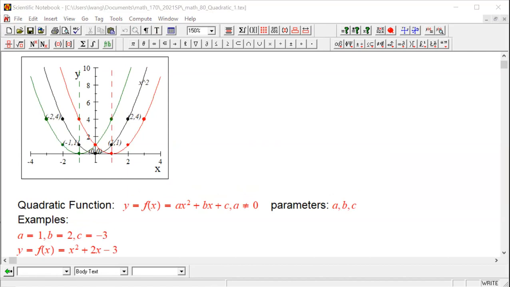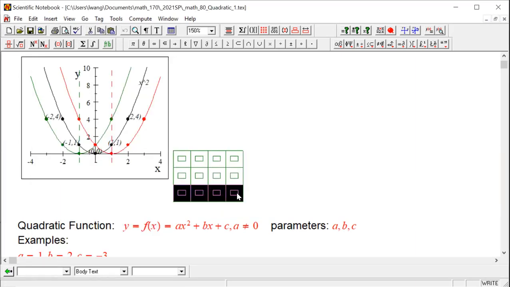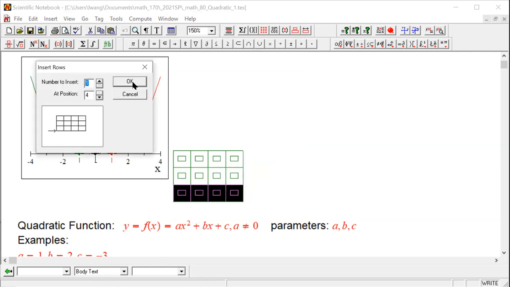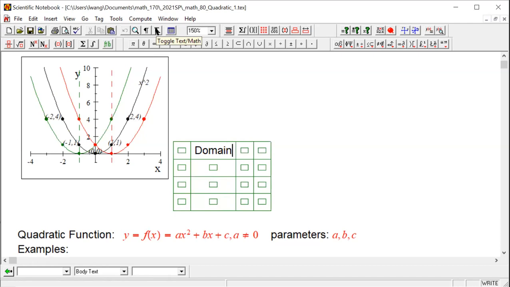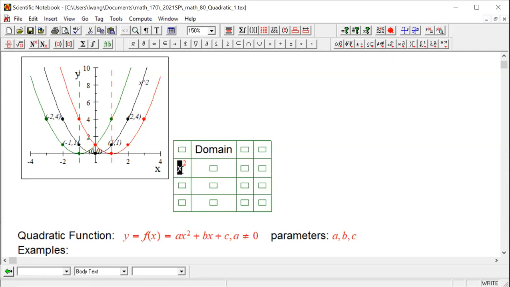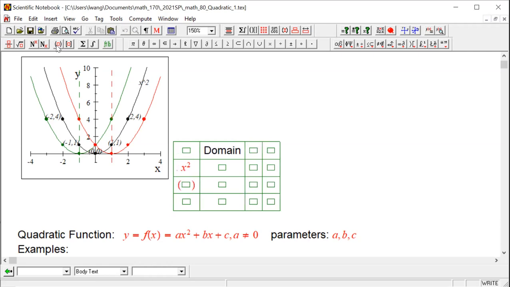First of all, let me put this table here next to it so that when we work it, it doesn't cause much shifting. And one more row. So domain, and we have three functions here. One is x squared, of course. Every two other functions are relative to x squared.